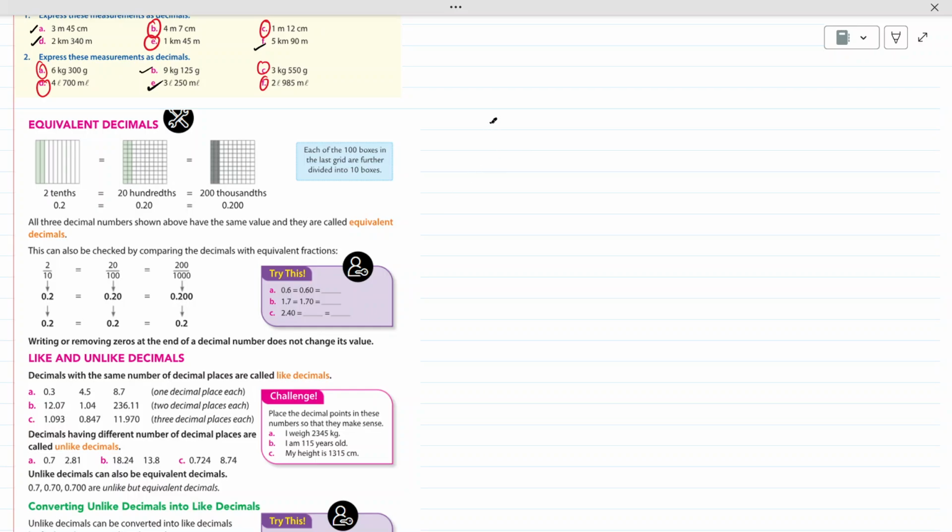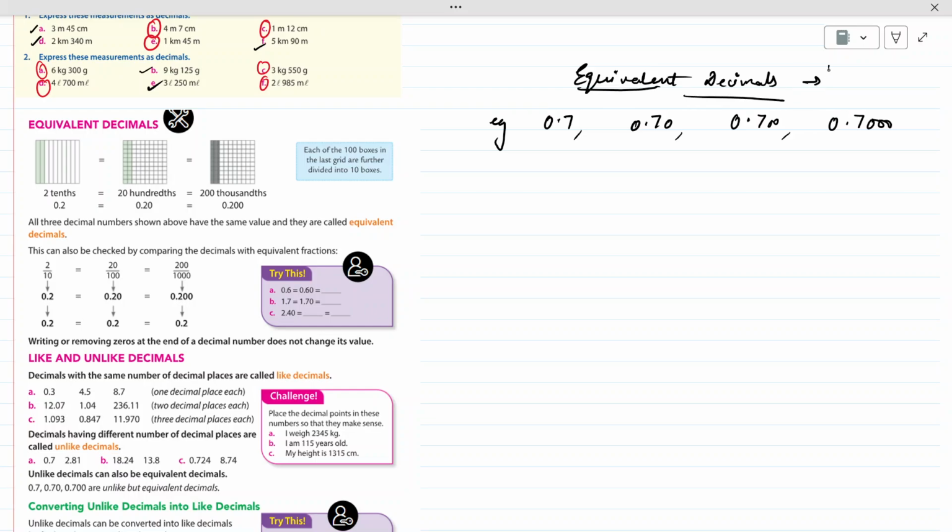Example: 0.7, 0.70, 0.700, 0.7000. All these are equivalent decimals because when we solve them, we will get the same value. Remember, their value is the same. So this was about equivalent decimals.